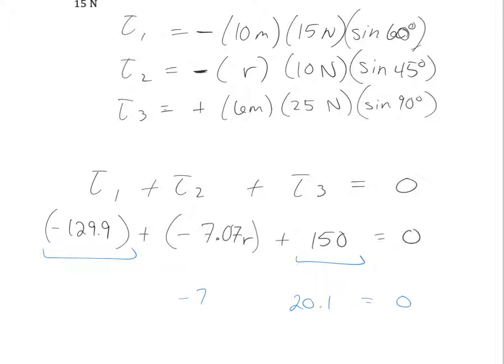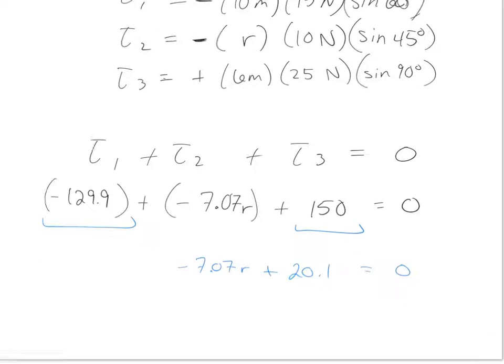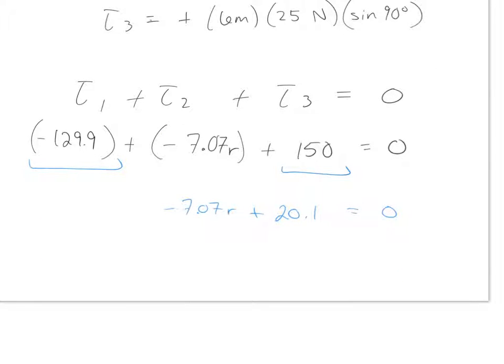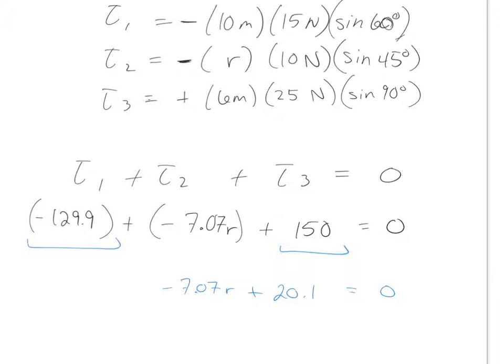And I have negative 7.07R. So I'll move the 7.07 over by adding it. And then divide by 7.07. That's 2.84. 2.84 meters.